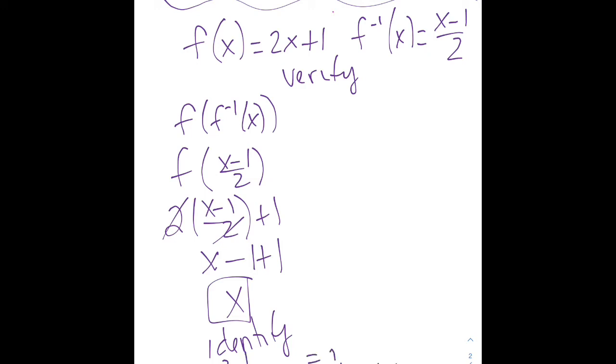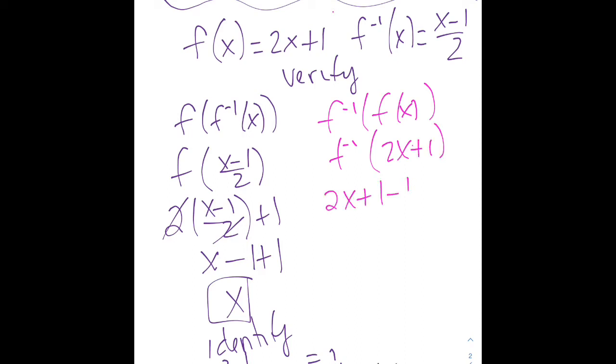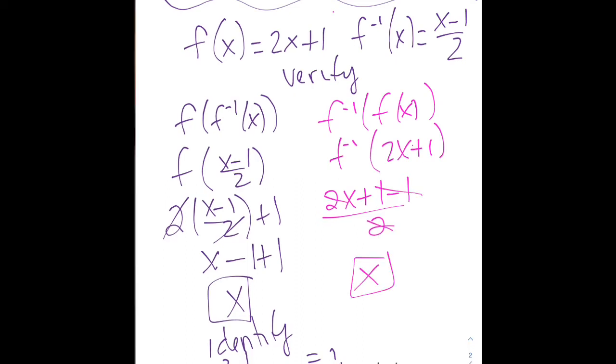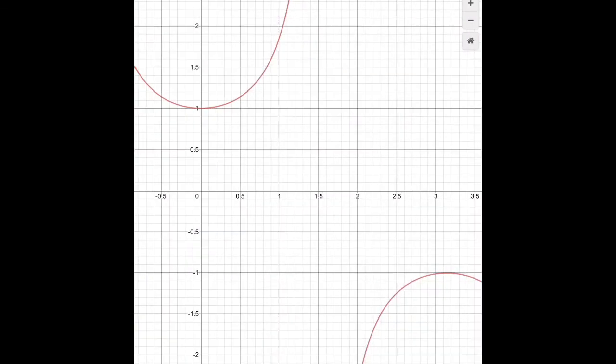That's the multiplicative identity. So if I go the other direction, I get f inverse of f of x. So if I take 2x plus 1 and I plug it into the inverse, I also get the identity. If I graph them, we can pull up good old Desmos.